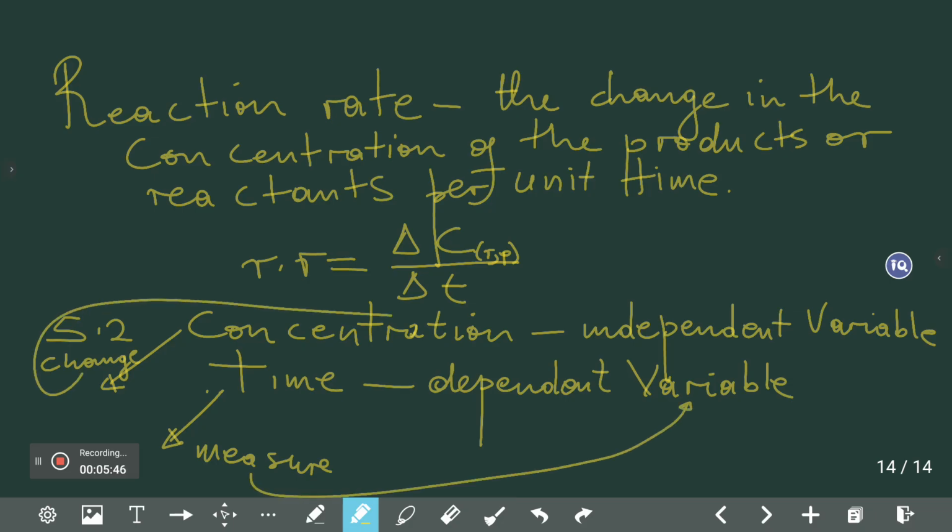Now, what about the control? What must you control here? The other reactant has to be kept constant, meaning the concentration of the HCl is kept constant.